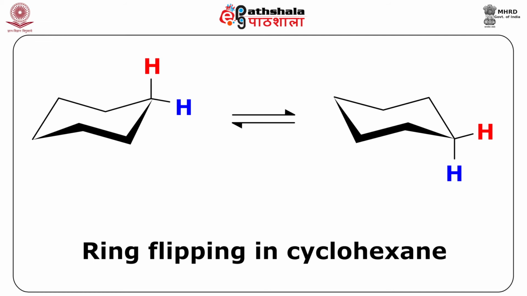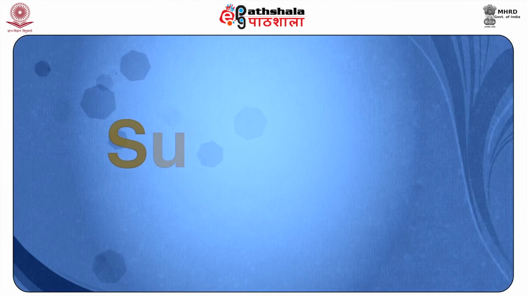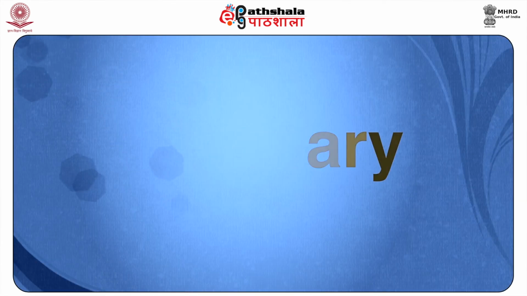Now you can see, at this temperature of -100 degrees Celsius, you can actually observe two signals, one for the set of all axial protons and another for the set of equatorial protons. Now students, let us summarize this module.